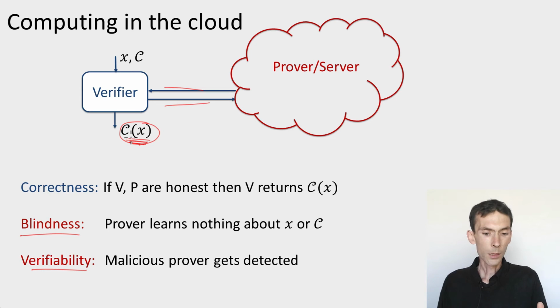Nothing has happened. A natural way to achieve this is by having a protocol that's blind, so that the prover cannot tell the difference between the verifier asking it to apply the identity circuit or a generic quantum circuit. So the main way in which we'll end up proving verifiability is by going through blindness first.